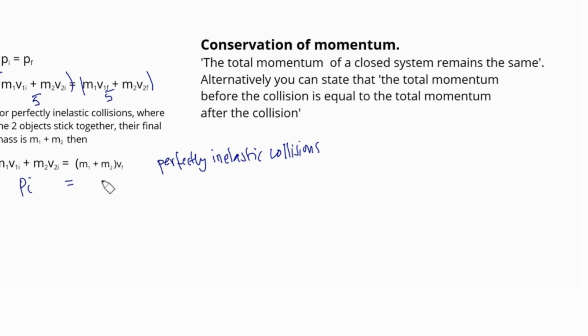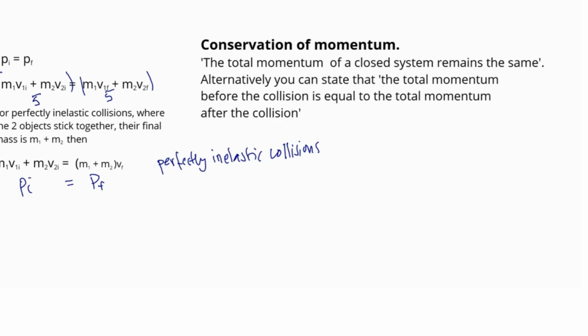And because they're stuck together, this is the final. A lot of the time, they might call something an inelastic collision, but it's actually a perfectly inelastic collision. You need to read the question and see if the two cars stick together. Then we have a perfectly inelastic collision, and this is the formalism or the equation we should use for that.